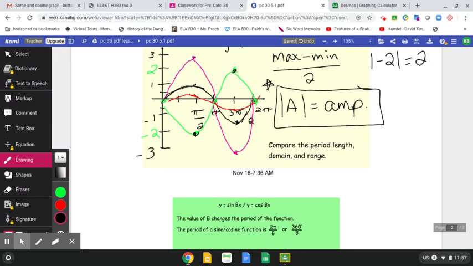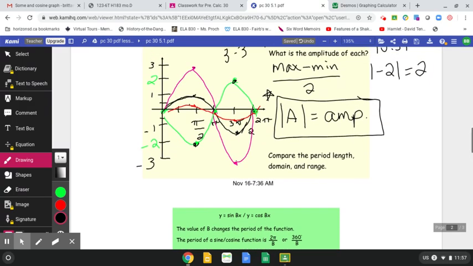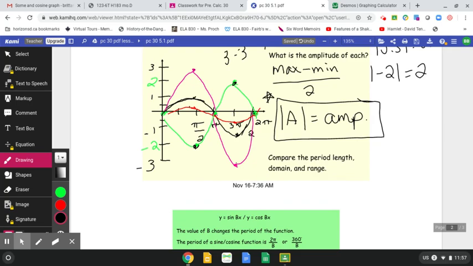Then it says compare the period length, domain, and range. With all of these, the period length is the same, right? It's 2 pi. It starts wherever it goes, and then it stops at 2 pi, and that's one rotation. Domain is x is an element of the real numbers. Domain isn't changing.